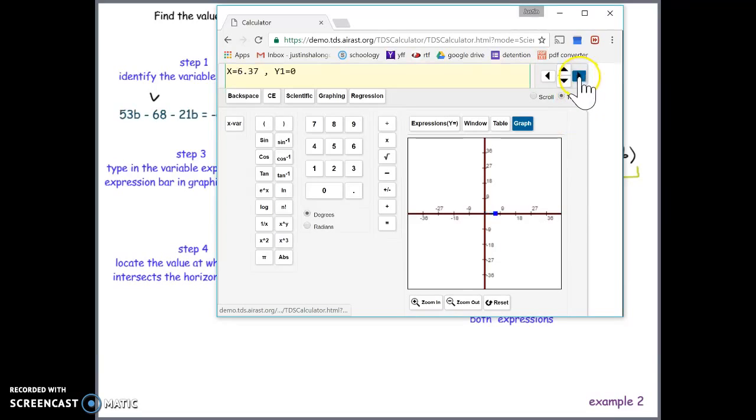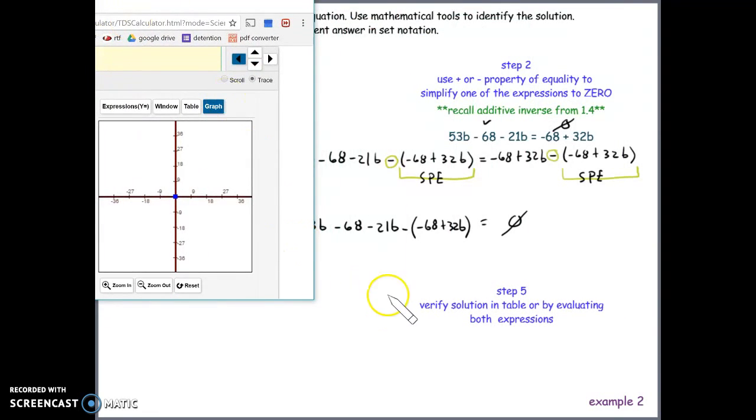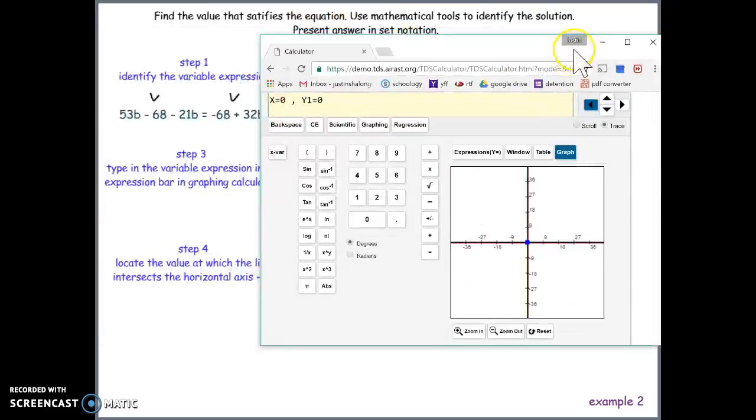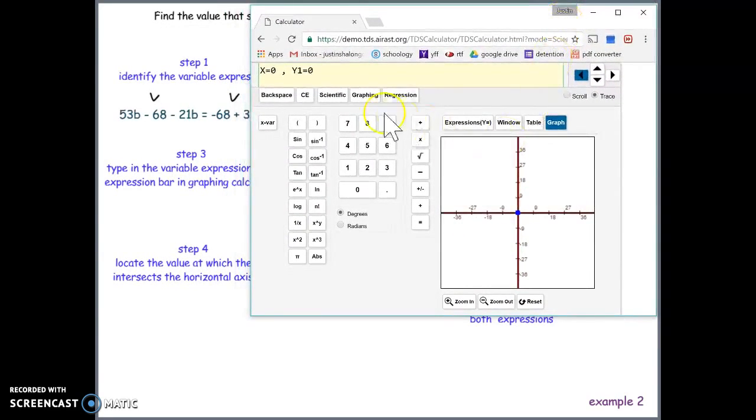So I'm tracing the line right now, and as I'm tracing the line, every x value, or our b value, is equaling 0. So what that means is every value for b simplifies this left expression to equal 0. And so essentially what we have is a situation where our answer is all real numbers.